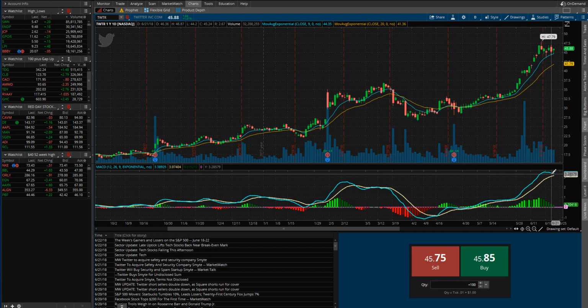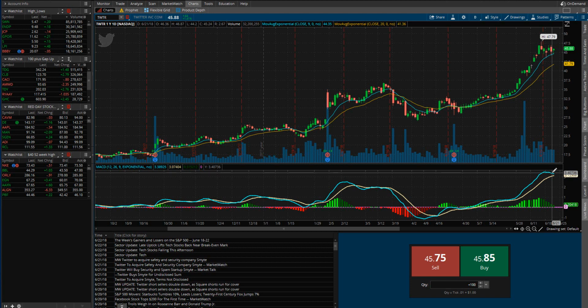So when you're looking at these lines for the MACD, this blue line, that time frame represents a period of 12. Since we're looking at a one-day, one-year chart, it would actually move over the average for the momentum of 12 days.